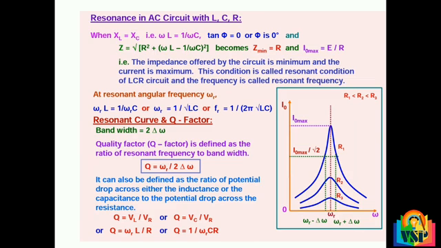That is, omega L is equal to 1 by omega C. Tan phi is equal to 0, or phi is 0, and Z, the impedance, root of R square plus (omega L minus 1 by omega C) whole square, becomes Z minimum, which is equal to R, and I naught max is equal to E by R. That is, the impedance offered by the circuit is minimum and the current is maximum.